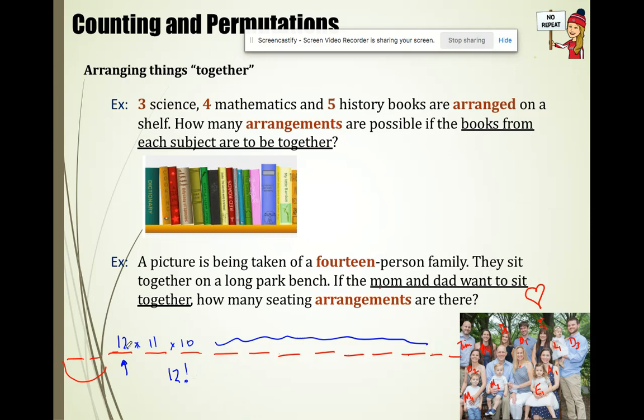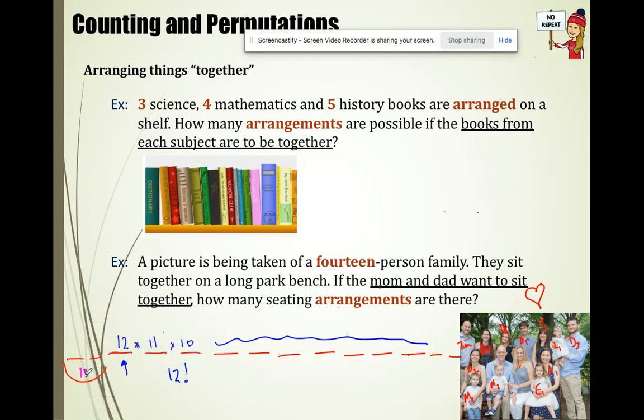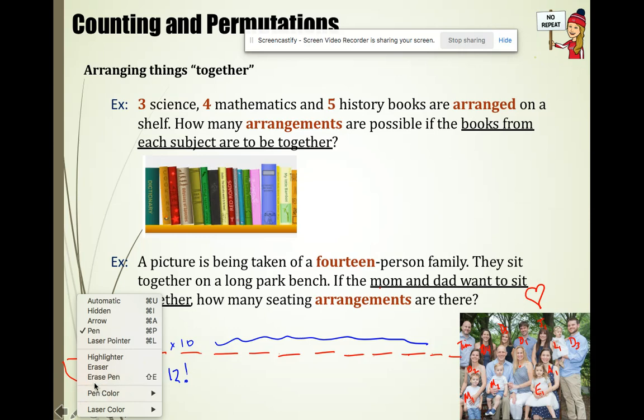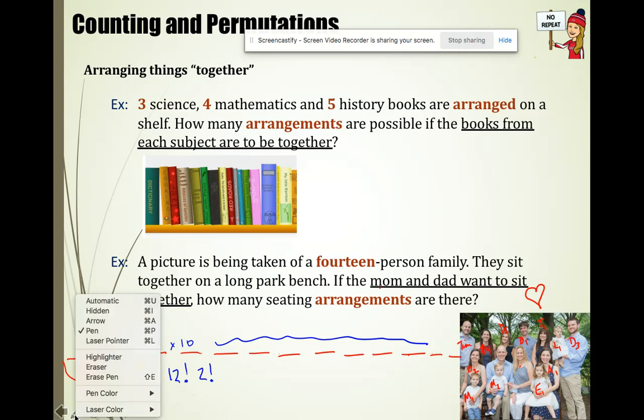But I still have to take care of what's the deal in my bag? How many people are in my bag? 2. There's 2 people, mom and dad, in my bag. So how many different ways can they be mixed? 2 factorial, right? But you're not done.